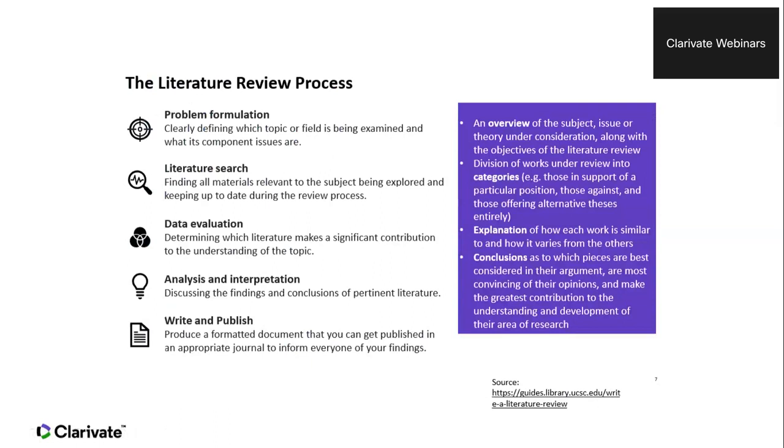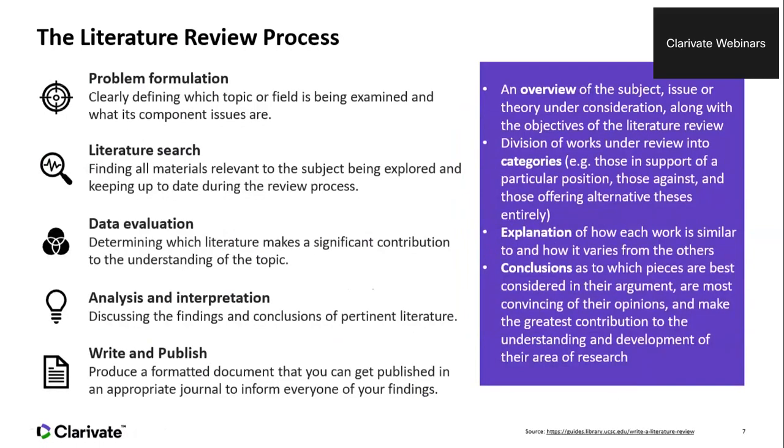So now, when you do a literature review, it is very, very important that you go about doing it in a systematic way. You have to understand what exactly is the problem or the field being examined and find the materials relevant to the subject. Now, this is also important for writing a review paper per se.